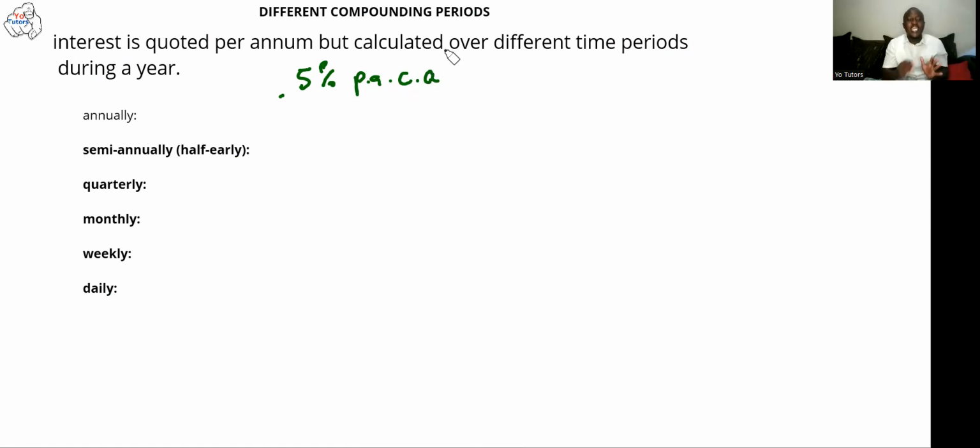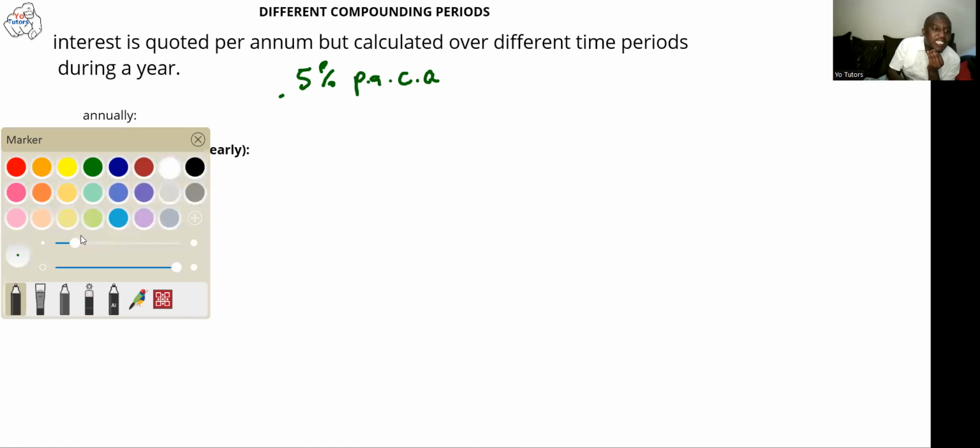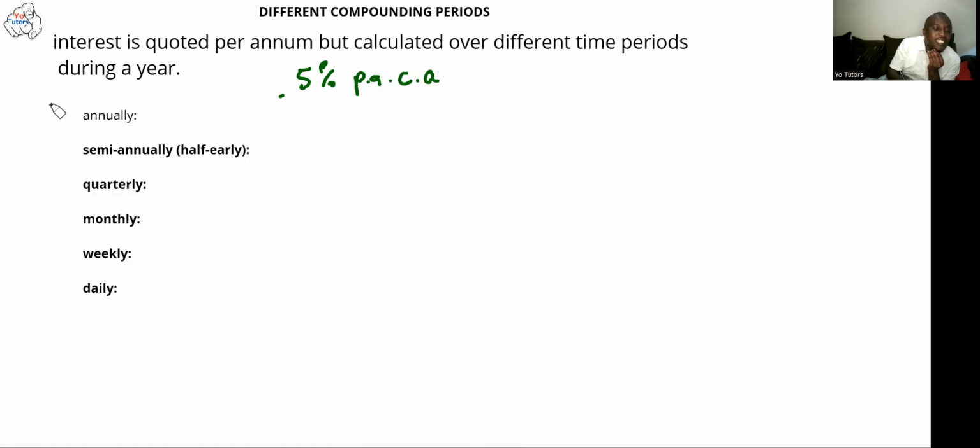So in that case, it remains as 5%. But now, if we have semi-annually, it means that the interest is calculated twice a year. So semi-annual is 2 times.